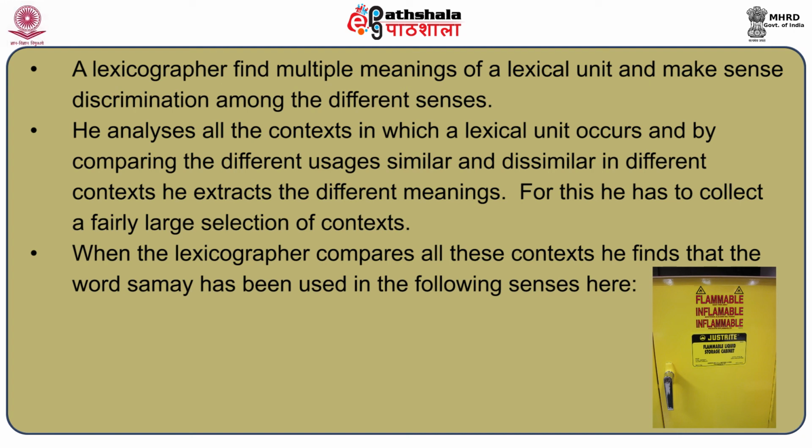He analyzes all the contexts in which a lexical unit occurs, and by comparing the different usages, similar and dissimilar in different contexts, he extracts the different meanings. For this, he has to examine a large selection of contexts.